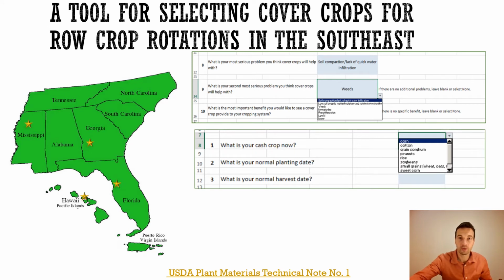Another set of input categories describe crop rotation and current production practice, such as current and future cash crop with their planting and harvesting dates, tillage regime, herbicide use, and existing equipment use for planting, managing, and terminating cover crops. Additional inputs are soil pH and drainage.